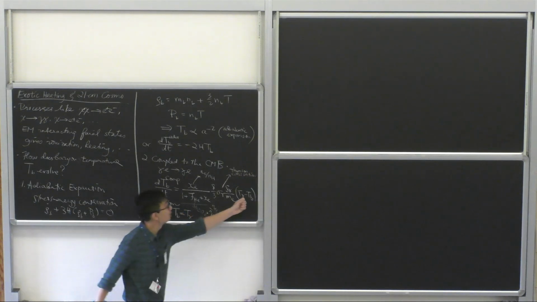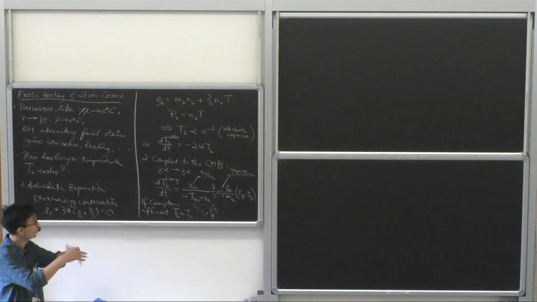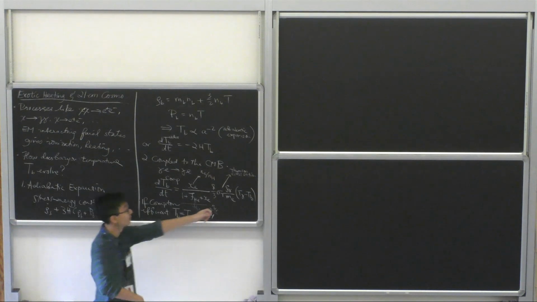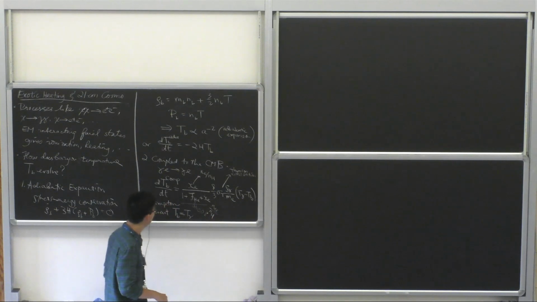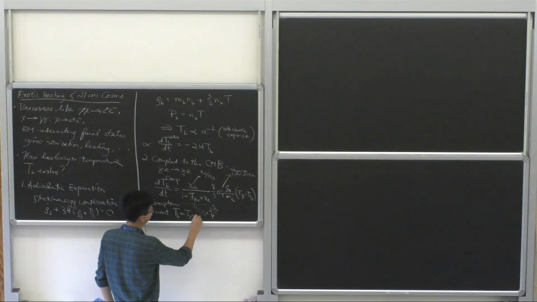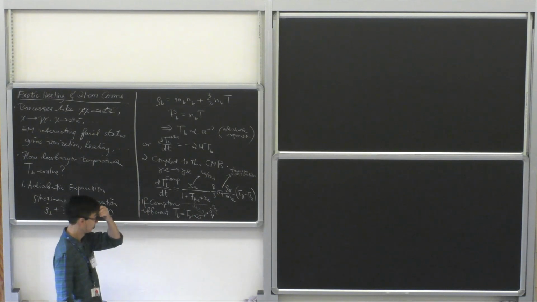Because this term here drives T baryon to T gamma. So you have very efficient Compton scattering, you will thermalize with the CMB. You will reach the same temperature as the CMB. And so when Compton is effective, T_b should scale as a to the minus 1. Okay?